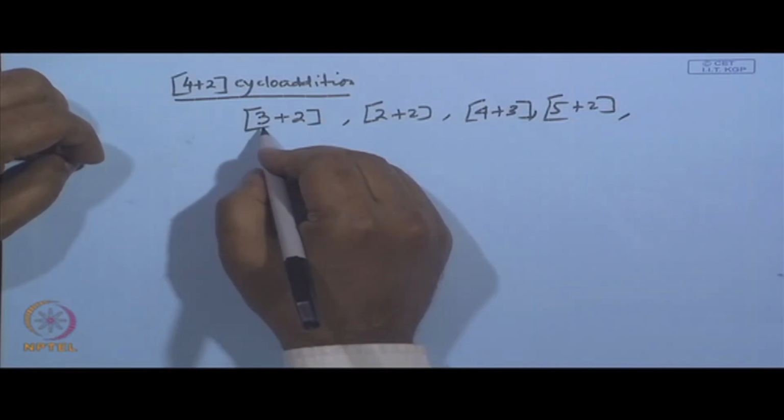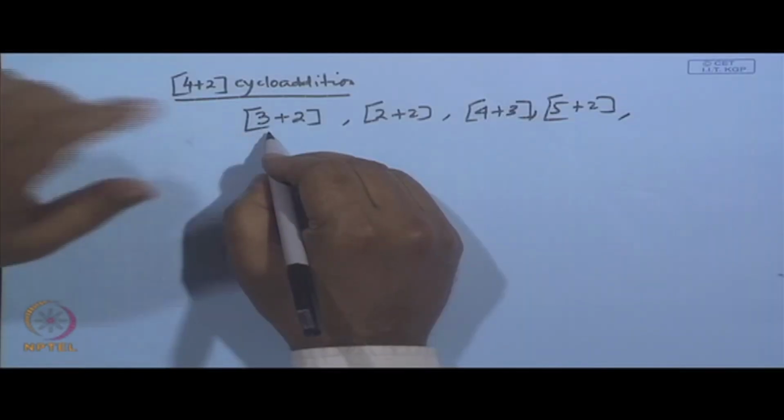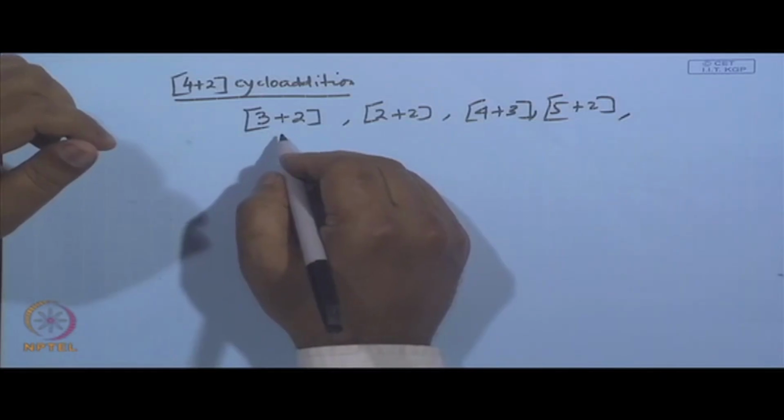When you say 3+2, how many electrons are participating? 4. Not really, I mean 4 and 2. So, it is essentially 4+2. That means this 3 actually refers to the number of atoms.